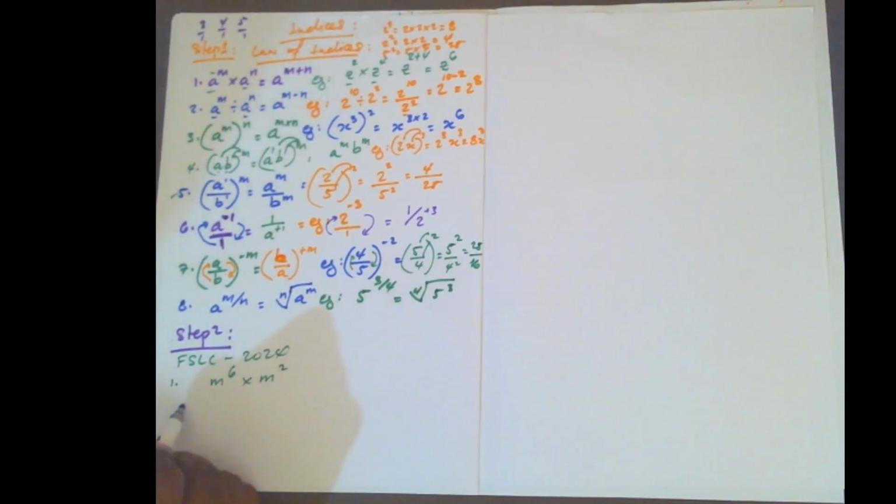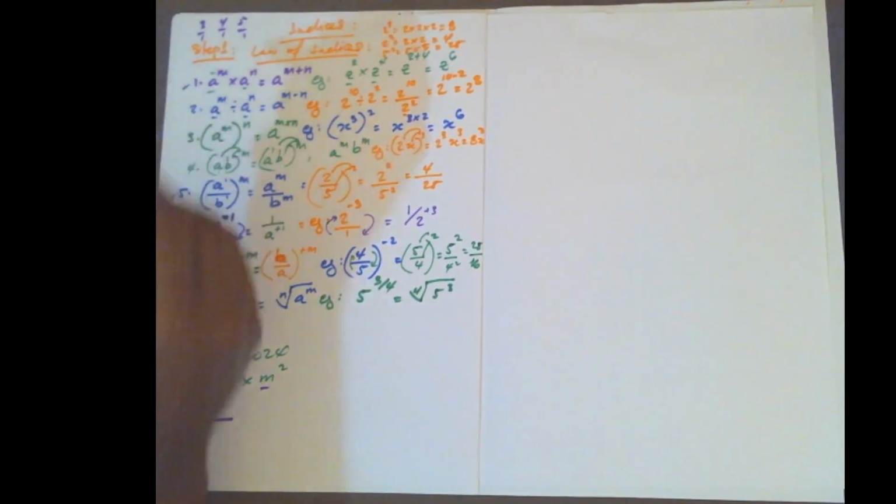Step 3 is applying step 2 in step 1. So we need to identify which law falls into this. Since they have the same base, which law applies to this? I think the first law.